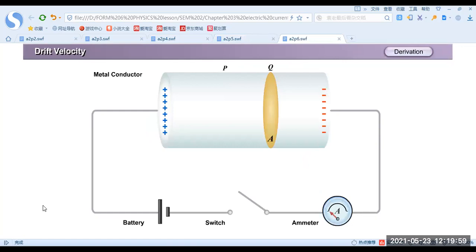Now consider a battery connected to a switch in series connection with an emitter, then connected to the end of a conductor. The left end side of the conductor is connected to the positive terminal of the battery.